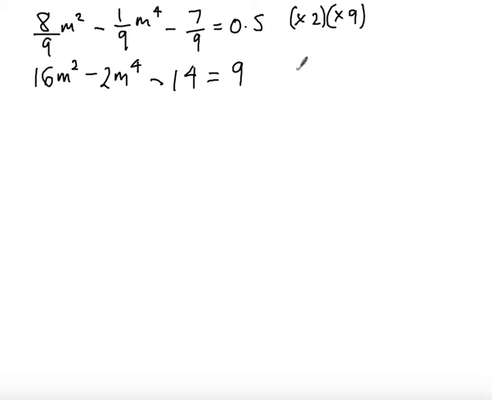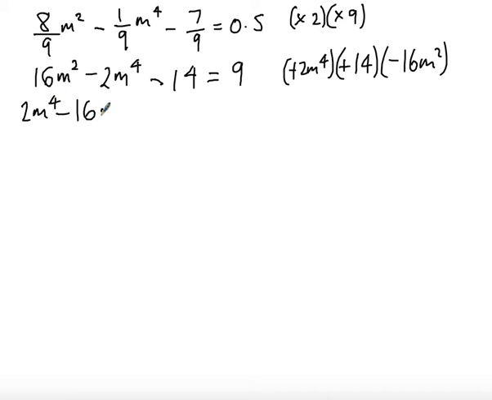Okay, and so rearranging, I want to add 2m to the power of 4 to both sides, add 14 to both sides, and subtract 16m squared from both sides, so that I get 2m to the power of 4 minus 16m squared plus 23 is equal to 0.